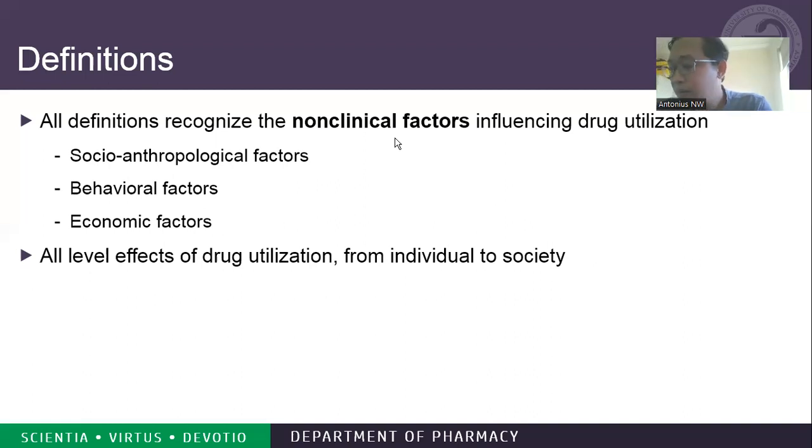So when we receive a prescription, we buy the medicines. Sorry, this is the economic factor. So we buy the medications, but we just buy half of the total prescribed doses.